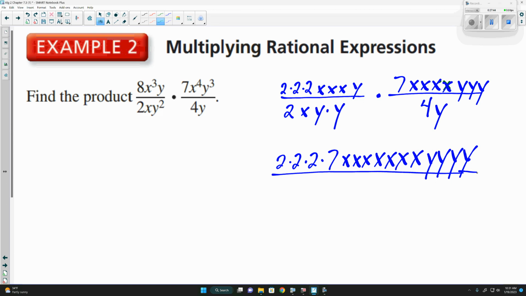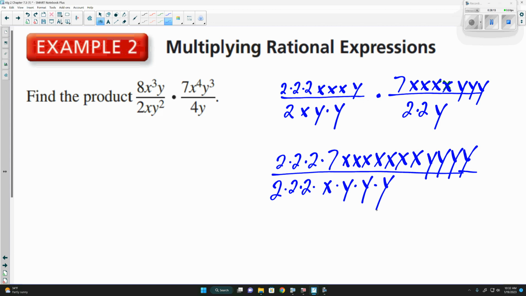In the denominator, well, we have 2. Actually, this should have been not 4, because 4 is actually 2 times 2, which would mean we'd have 2 from the first, and then 2 from the second, 1 x from the first, 4 x's from the second, 2 y's from the first, 1 y from the second.